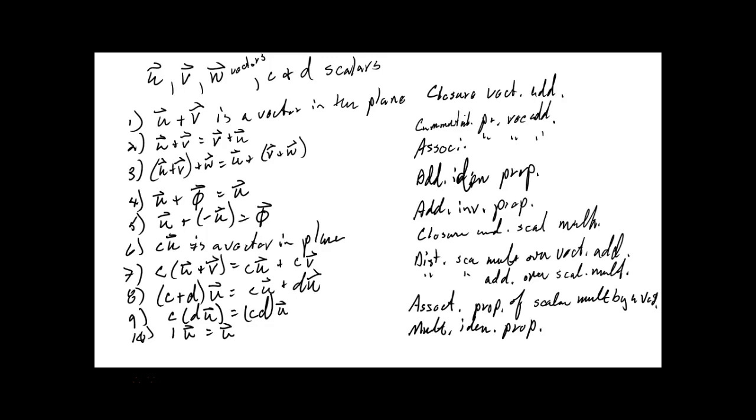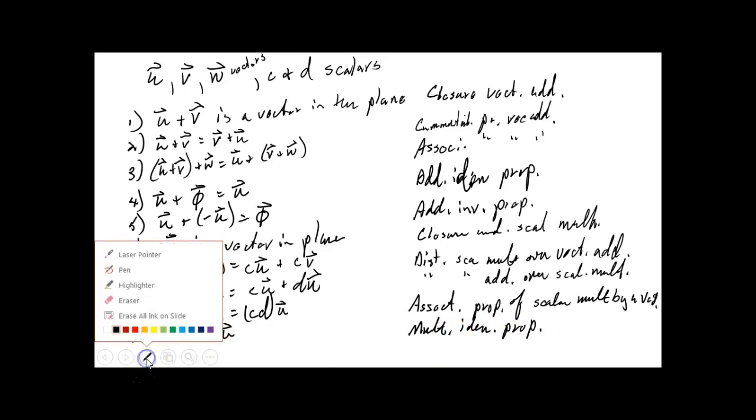Anyway. So let's move next to vectors in Rn, which is precisely what we're talking about. Okay? The discussion of vectors in the plane can be extended to a discussion of vectors in n-space.